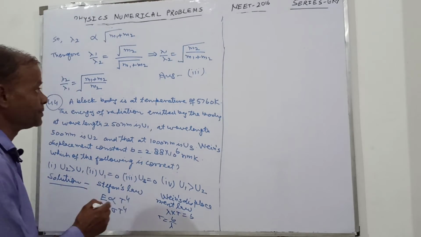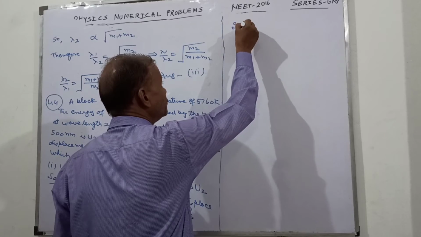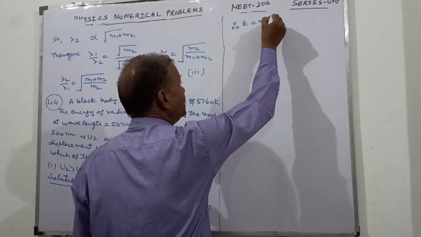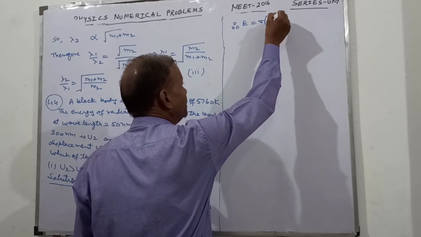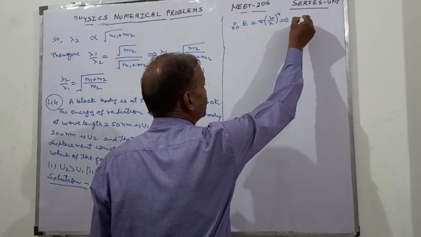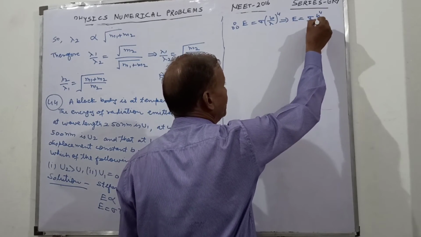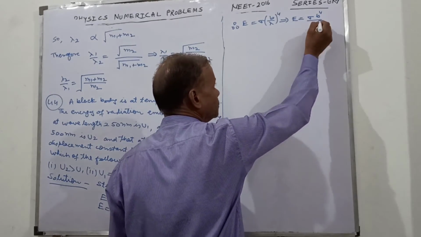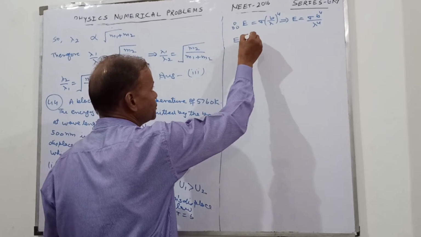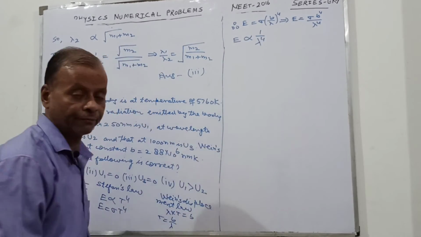So now you can have this E equal to sigma times (b upon lambda) raised to power 4. So this E equal to sigma b to the power 4 upon lambda to the power 4. So now you can see that this E is proportional to 1 upon lambda to the power 4.